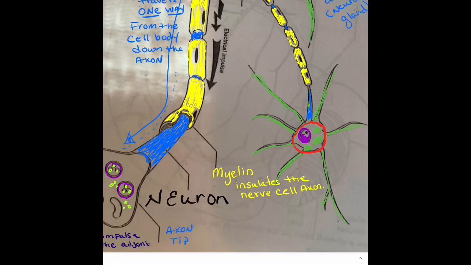So the myelin insulates it, and it also increases the speed of the electrical impulse traveling down the axon, because it only goes one direction, right?